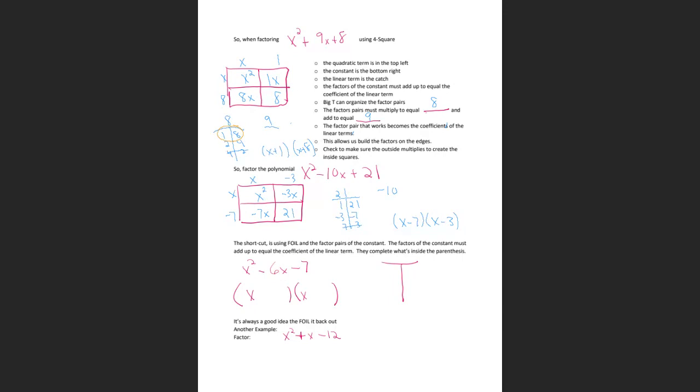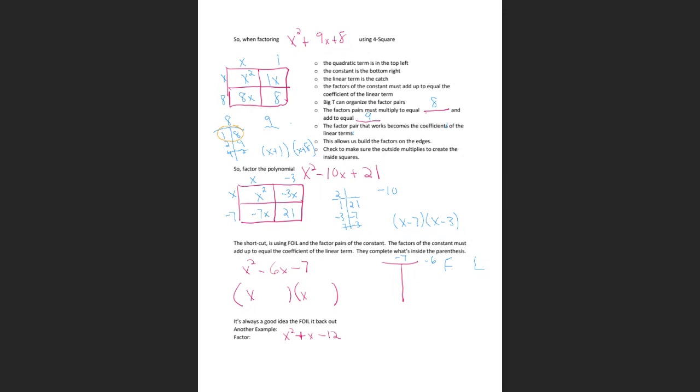In FOIL, what we pick up on is the first and the last create these pieces here. So the factors of x squared have to go in the first positions. The factors of the negative 7 have to go here. But what we need, though, is the factors of negative 7 that add up to give me this negative 6.